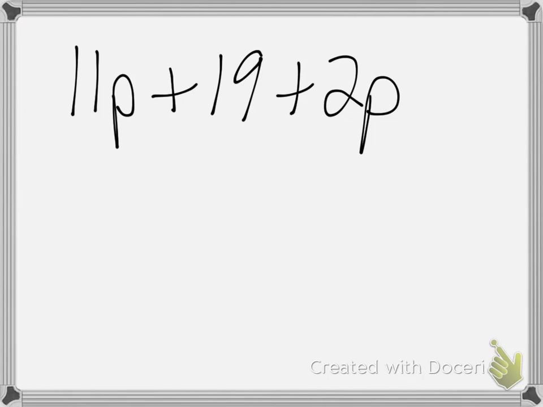Okay, here we go again. I've got to identify my like terms. 19 doesn't have a variable, doesn't have an exponent. It's the only one like that. 11p has a p and no exponent. 2p has a p and no exponent.